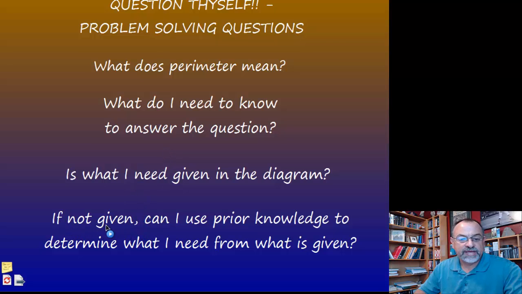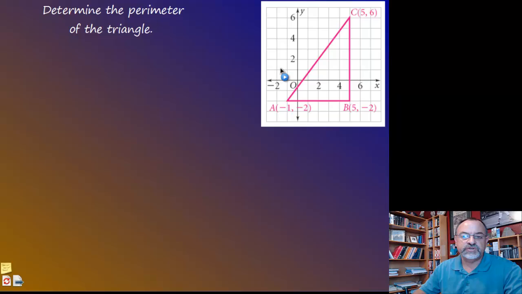So in that case, if you're not given what you need, you have to think about something you've learned earlier that can help you calculate what it is you do need, because it's all interrelated. So it requires knowing what you need for the problem, learning how to see if it's given to you, and then if it's not, determining those values that you need.